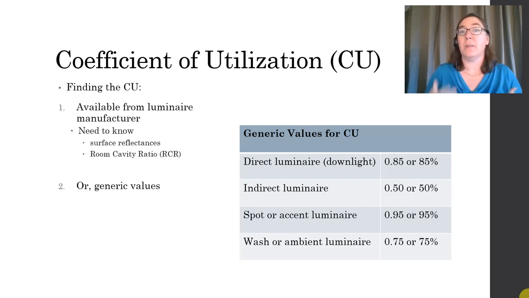For an indirect luminaire, maybe 50%. For a spot or an accent luminaire, 95%, and a wash luminaire or maybe an ambient luminaire, you'll get about 75% of that light. Okay, only use these if you don't have the other information.